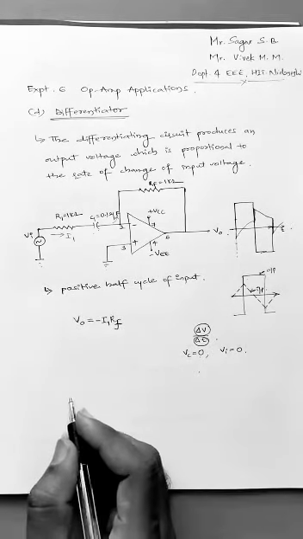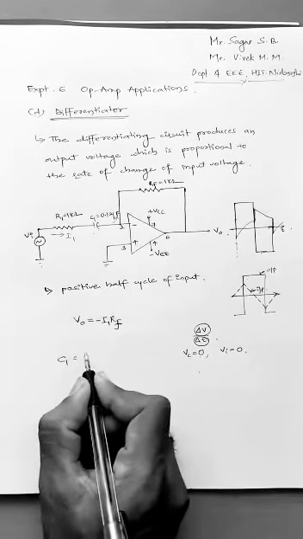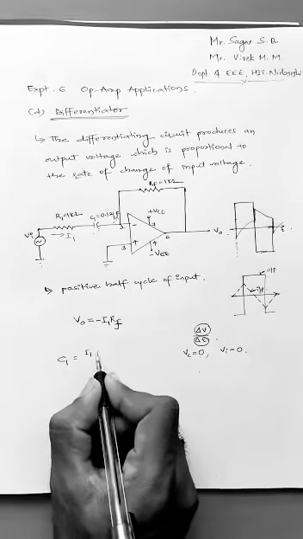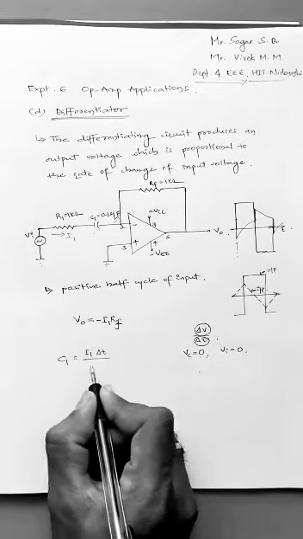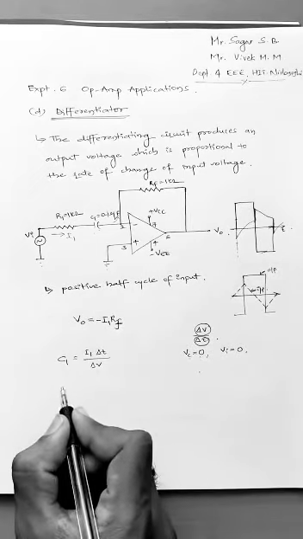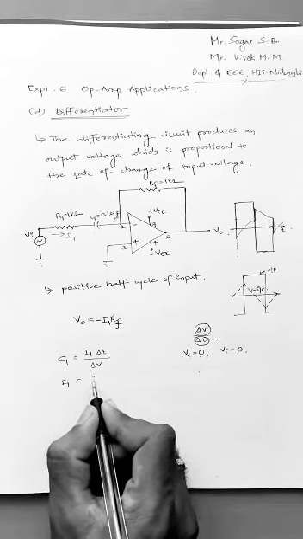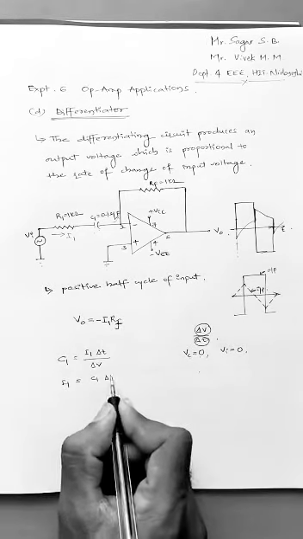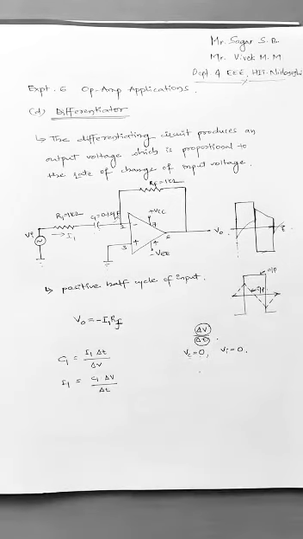So with this constant charging current, I can write C1 as current times the small change in time divided by small change in voltage, or you can write I1 as C1 times the small change in voltage to the small change in time.